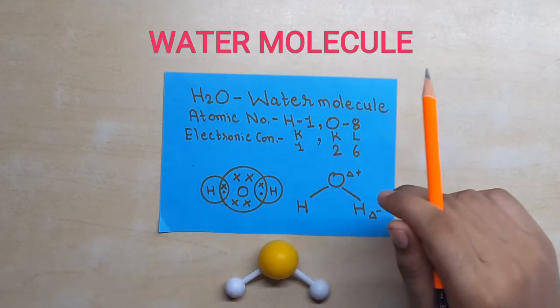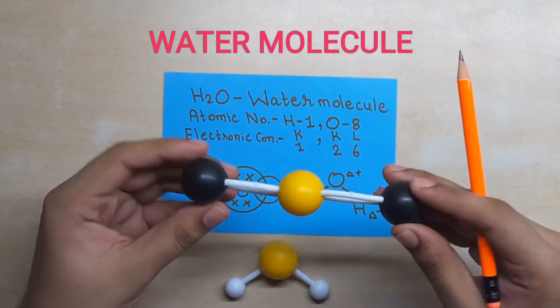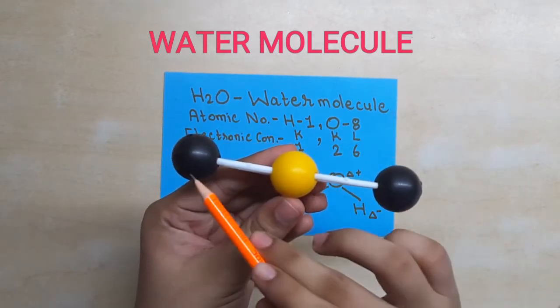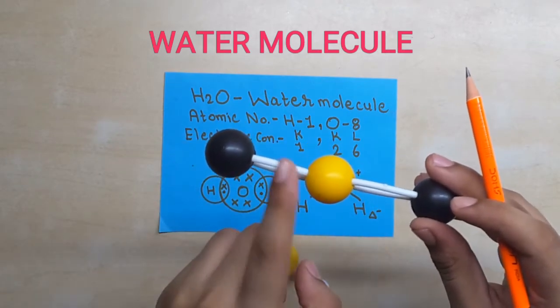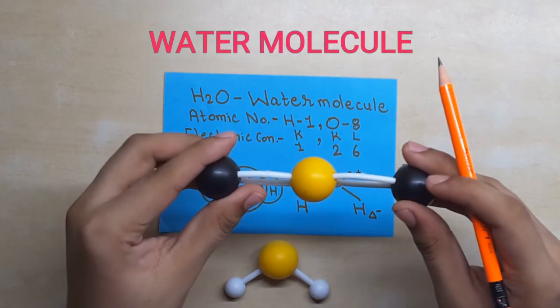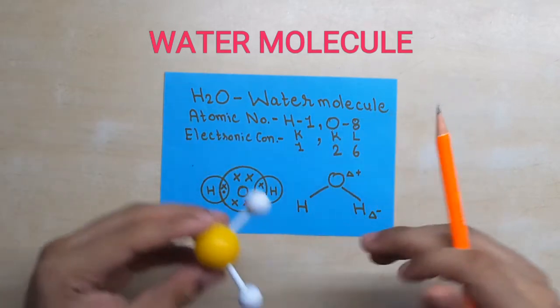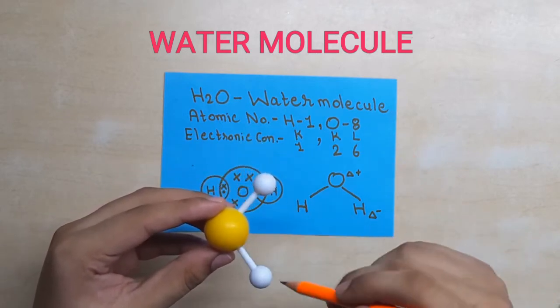Now, ideally, the three-dimensional structure of H2O should be like this. This is oxygen and these both are hydrogen. This angle should be 180 degrees. But in reality, the three-dimensional structure of water molecule is like this.